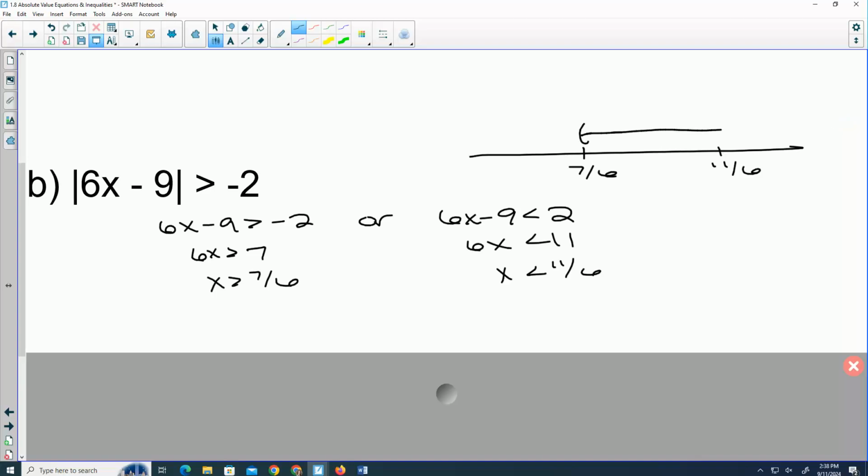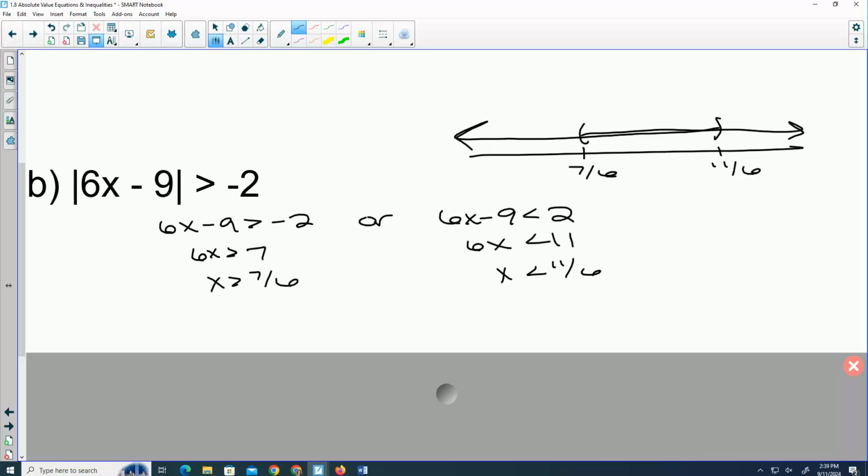We're starting here going that way. Less than 11/6 is starting here and going this way. What gets covered on my number line? Everything. Why did that happen? It was a negative. Absolute value is what kind of a number? Positive. How often is a positive greater than a negative? Always. Do we have to solve that to notice it?